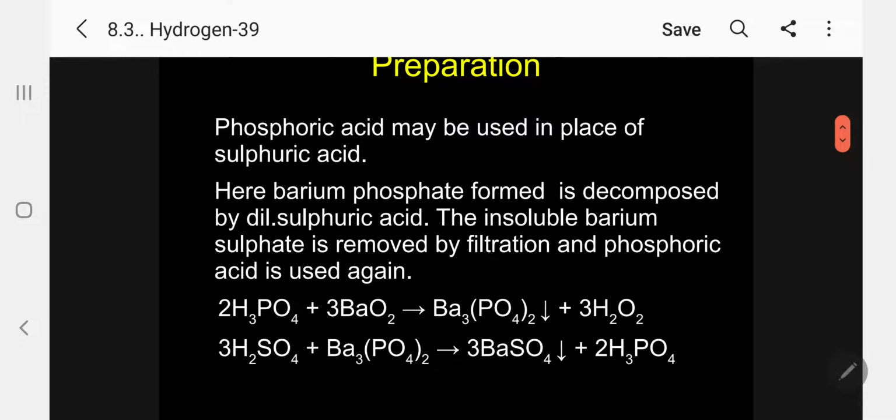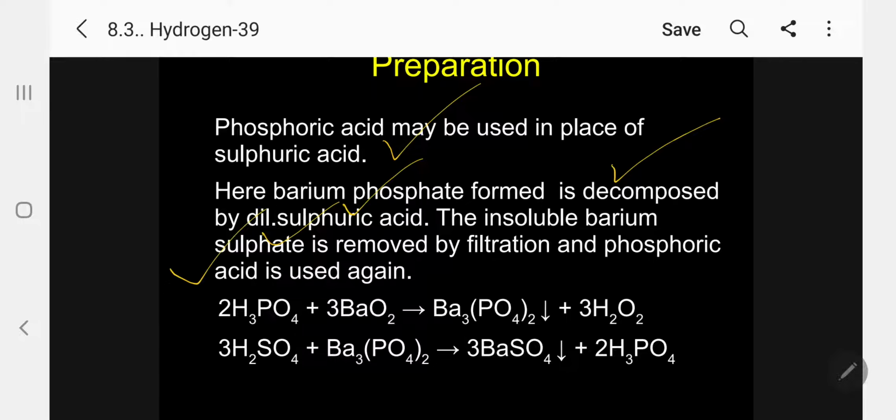As I already informed you, instead of dilute sulfuric acid, phosphoric acid may be used. Here, barium phosphate is formed, which is decomposed by dilute sulfuric acid. The insoluble barium sulfate is removed by filtration and phosphoric acid is used again.